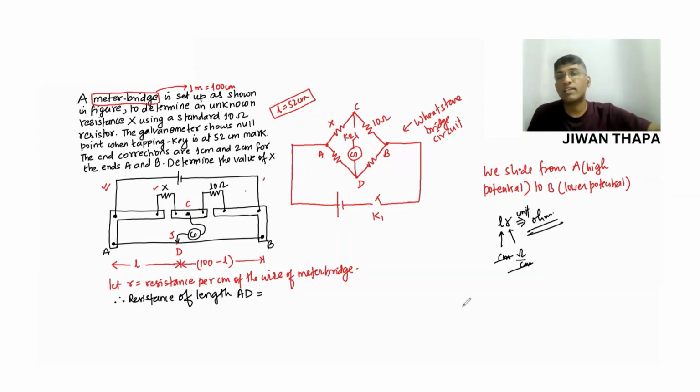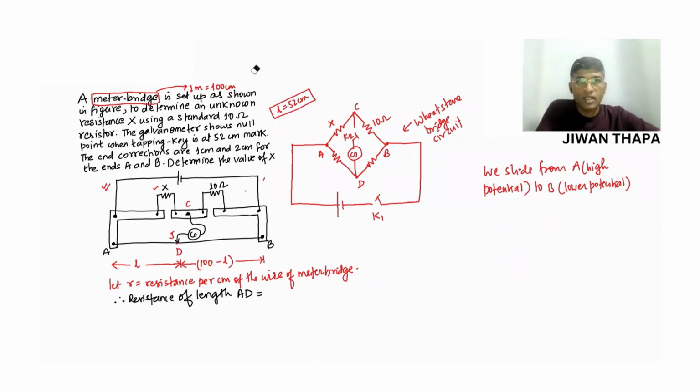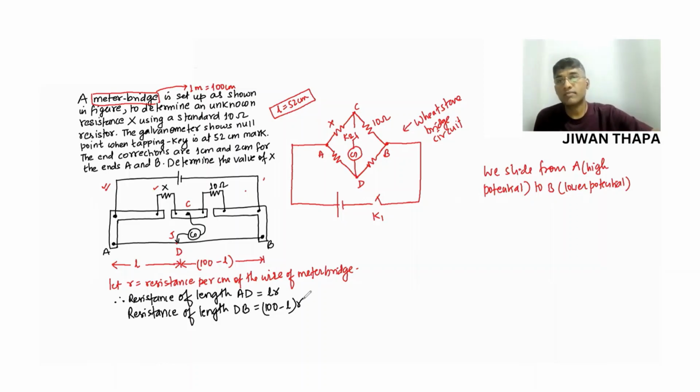Therefore, resistance of the length AD equals L times r. Similarly, resistance of length DB equals 100 minus L times r.